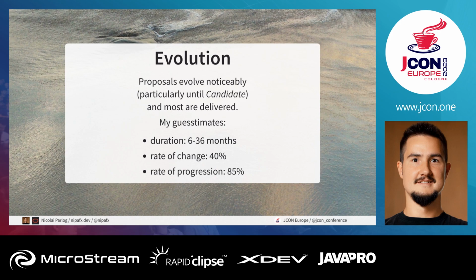Most of them are done during that time. They do change a lot, specifically during the draft stage. There's a lot of churn in those JEPs. Some of them are rewritten entirely. Some of them just see a little bit of change, so average it out at slightly below half. And as we've counted, 85% progress.